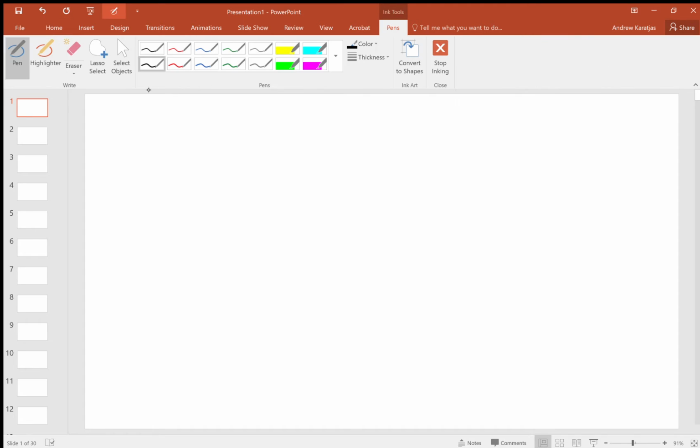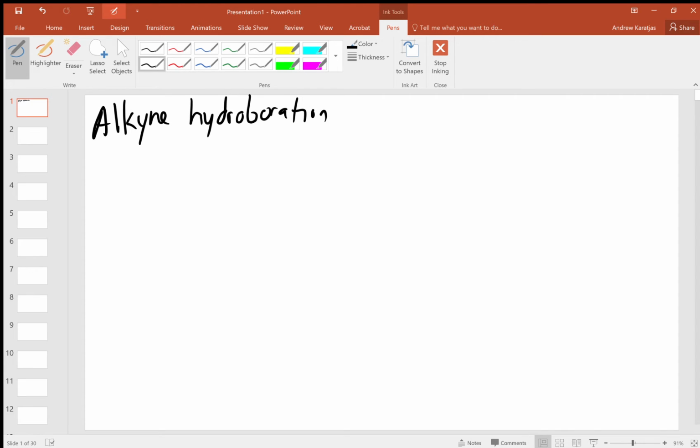So here we take a look at hydroboration, but this time it's the hydroboration of alkynes. Previously we had talked about hydroboration of alkenes, and we know that hydroboration of an alkene leads to the anti-Markovnikov alcohol, or the less substituted alcohol.